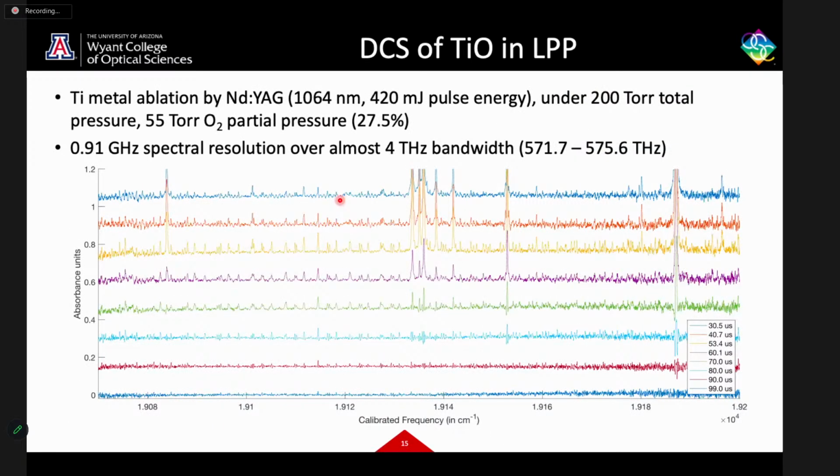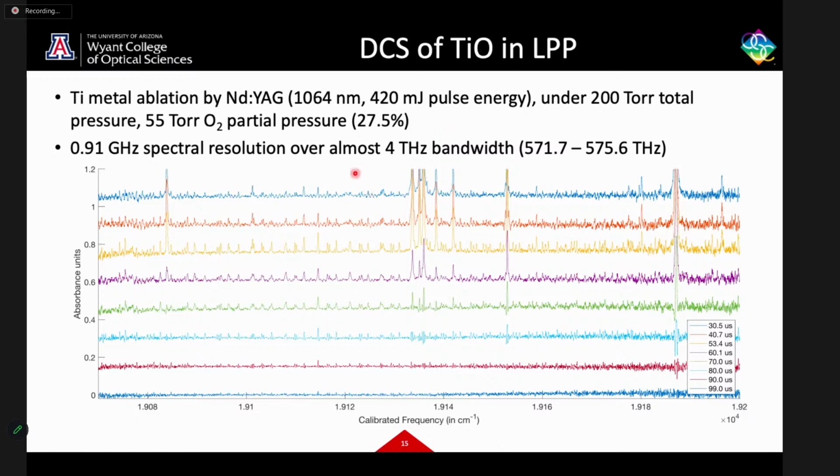So these are some initial results that we're having from our titanium ablation experiments. These were collected pretty recently in the last month, where we are ablating a titanium metal target with an Nd:YAG operating here at 1064 nanometers with a higher pulse energy here at 420 millijoules, but under 200 torr total pressure with 55 torr O2 partial pressure.